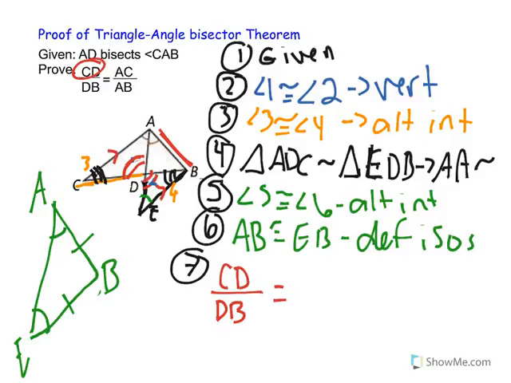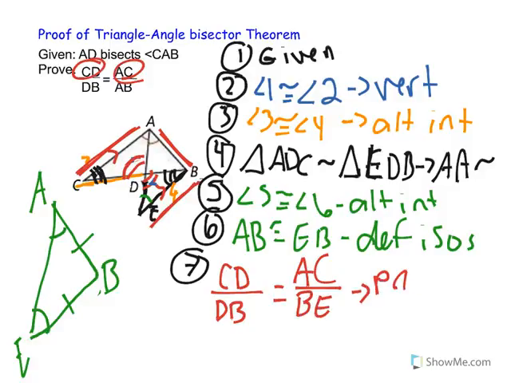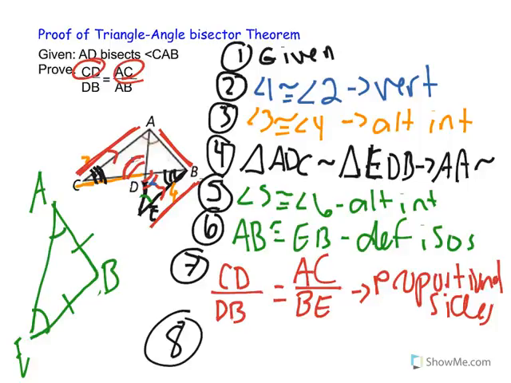So I want AC where it is. I can use that because that's part of the triangles that I have similar. AC over, that goes from a triple to a single. So triple to single would be BE. So that's because of proportional sides. Now we're just about done because right here, BE, that is the only part that I don't want.